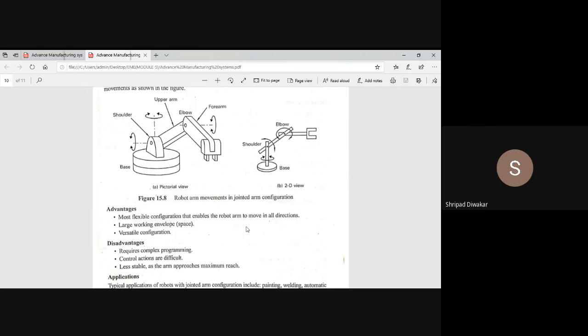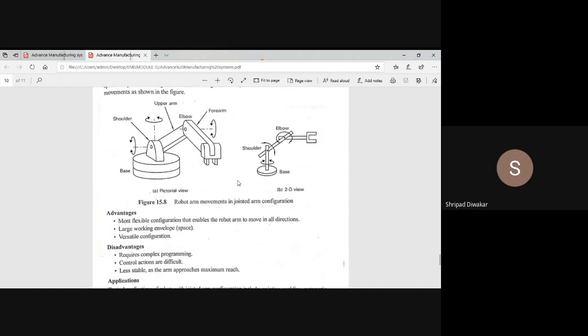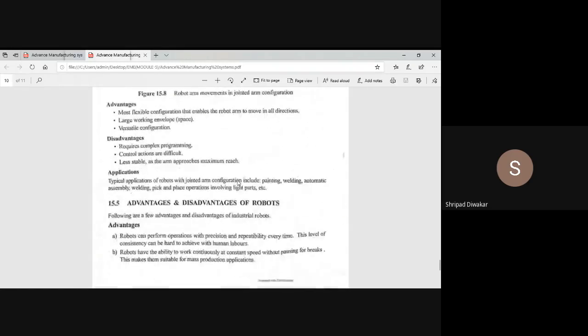The control actions are very difficult whenever the column rotates about the base or about the vertical axis. This is the disadvantage. Control actions are very difficult in the case of the jointed arm robot, and it is less stable. So stability is less in the case of the jointed arm. These are the disadvantages.